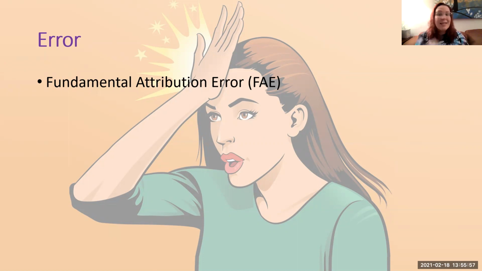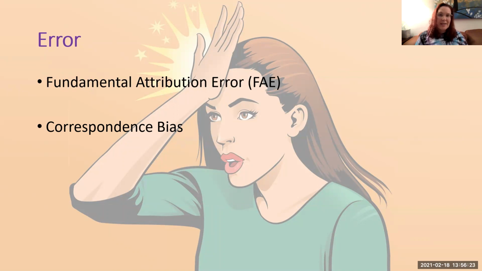So we tend to assume that people act the way that they act because of who they are as people, instead of looking to the situation to see how it might influence them. This is really similar to the process that we were talking about before with the correspondent inference. And sometimes you'll see something called the correspondent bias.